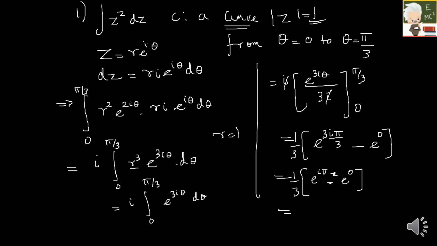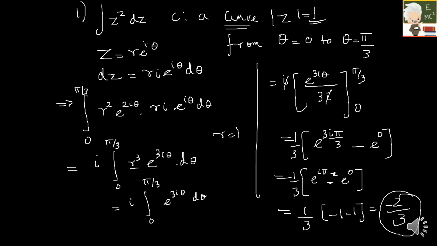So e raised to i pi is what? It is minus 1. So it is 1 by 3 into minus 1, and e power 0 is 1, so minus 1. So the final answer is minus 2 by 3. Okay, so this is your final answer. This is how you evaluate if they are given a curve.